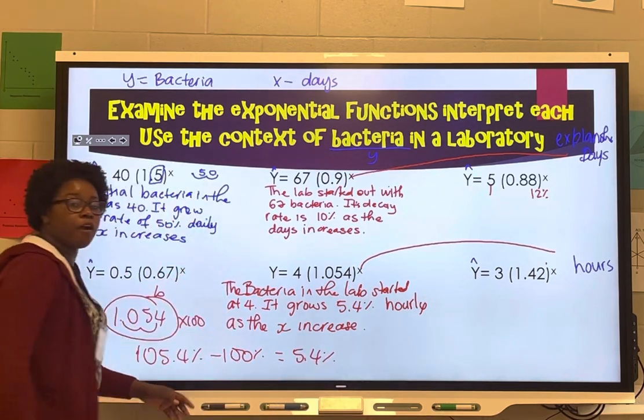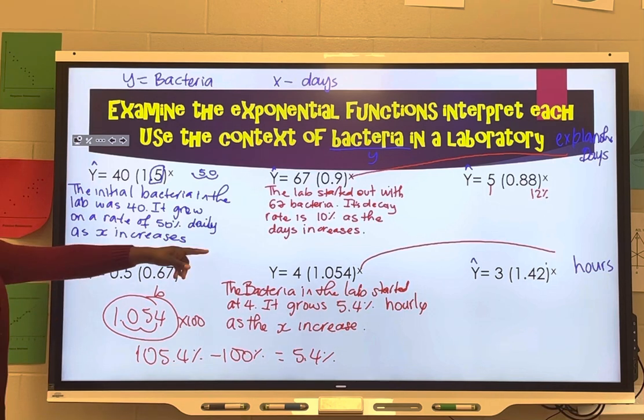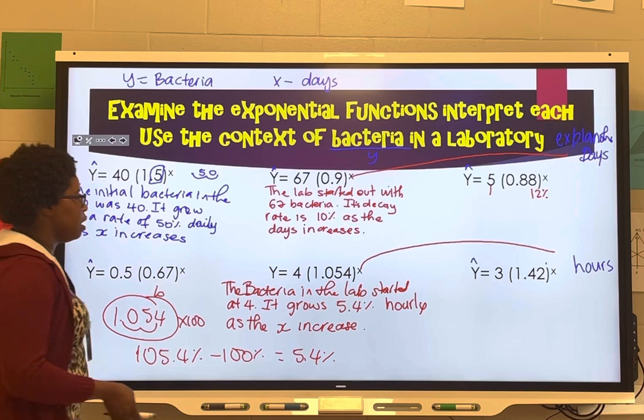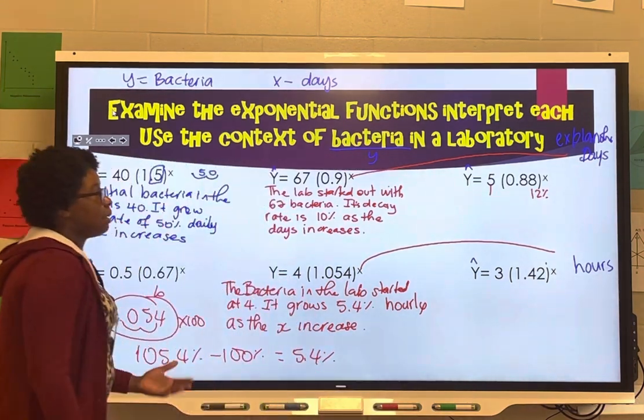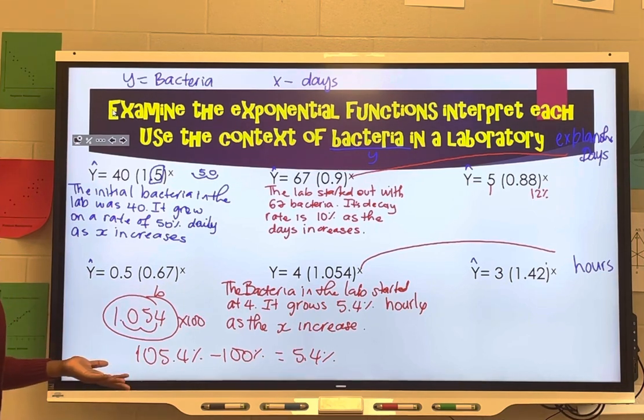And this 5.4% here would be your growth rate. And so all the others are similar to the one at the top, so I won't be going through all of those. But the concept remains the same. The starting or the initial value, then you tell me the decay or the growth rate and how fast it's increasing at a particular rate. And that's basically how you interpret your exponential model.